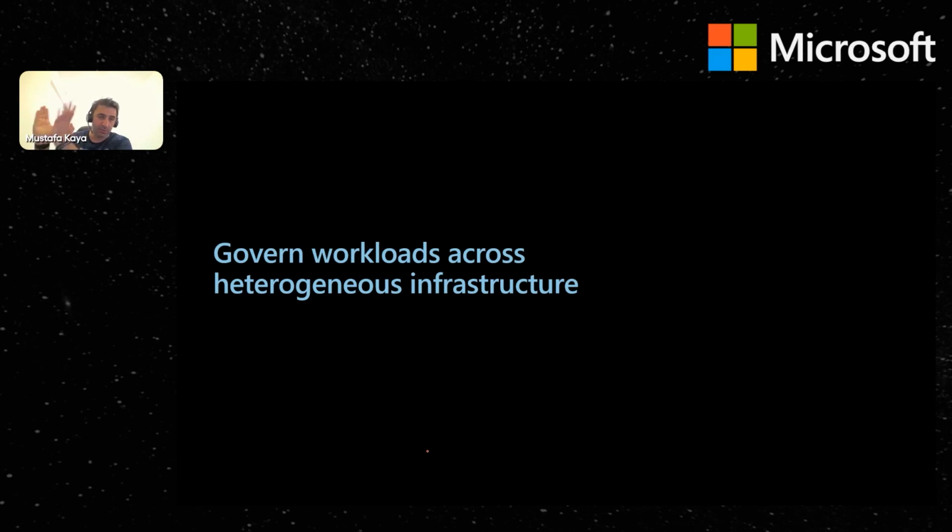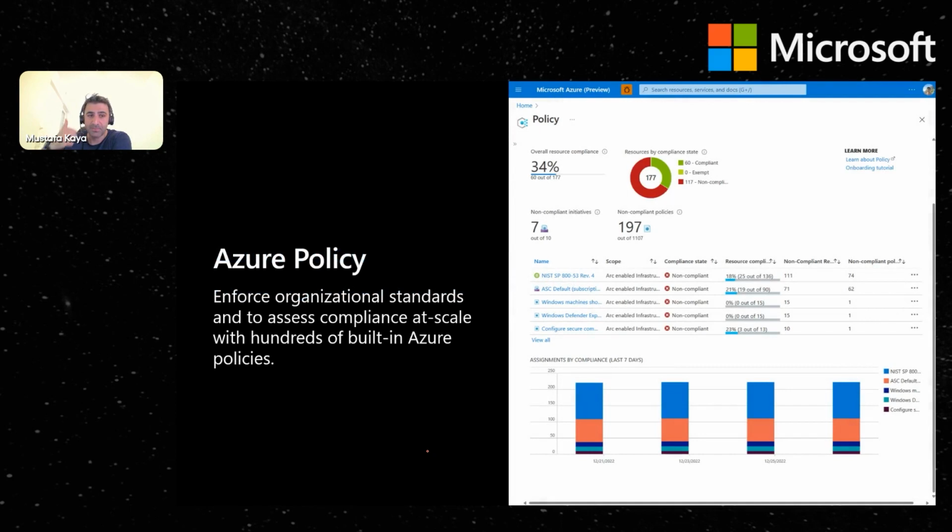On the other hand, today's topic is governing your workloads across heterogeneous infrastructure. The first one is Azure Policy. Maybe you have heard that Azure Policy helps to enforce your organizational standards on all your resources. With Azure Arc, you can do that for your Arc-enabled servers. It provides an integrated view to evaluate the overall state of your environment.